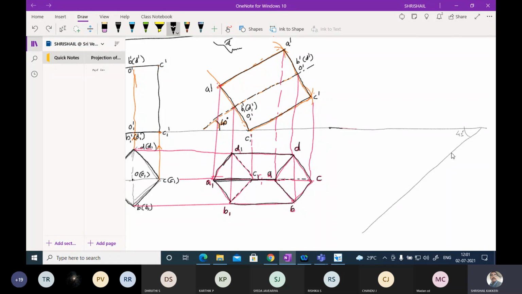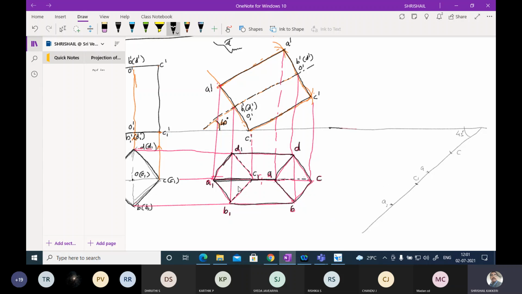This is point C, and measure this length. I have marked this A, and measure this length. Mark the point C. Measure this length, mark over here. This is point A, this is point A1, and this is point C1.